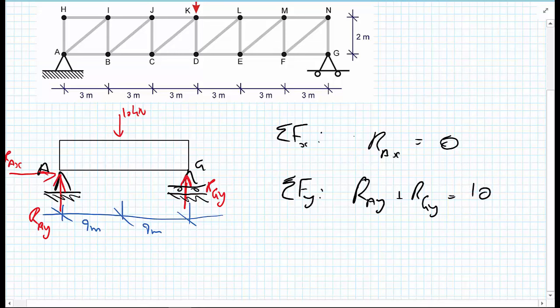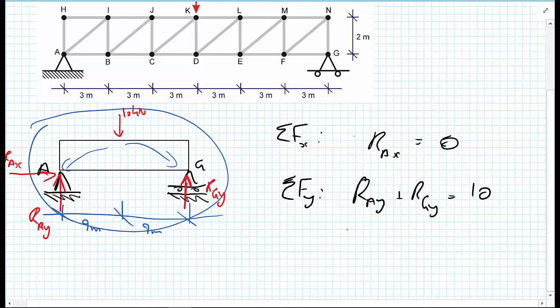From the symmetry of the full body, 50% of the load must go to G, and 50% of the load goes to A. Therefore, RAY equals RGY, which equals 5 kilonewtons. Okay, so now we have the reaction forces.